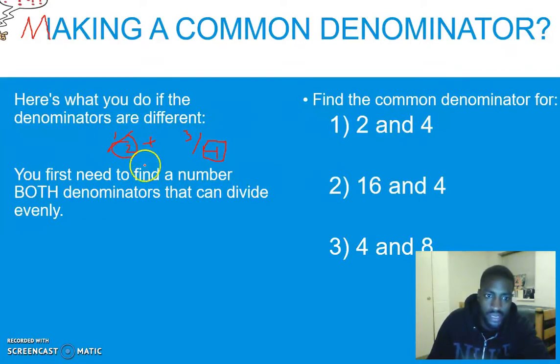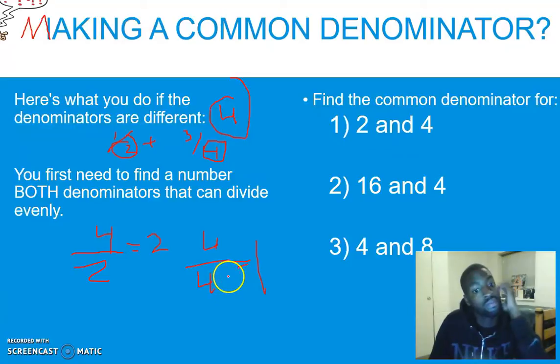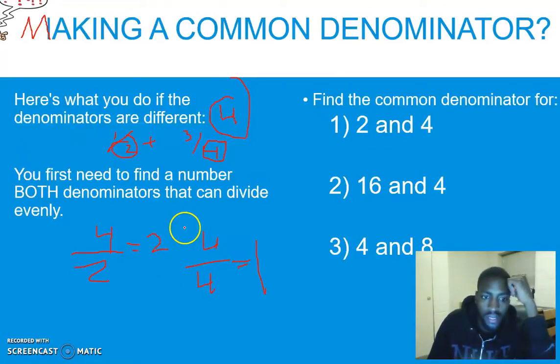That's why I had to change this. They can both divide evenly into 4. See, we can check. Look at the bottom. That will work. So find the common denominator, 4.